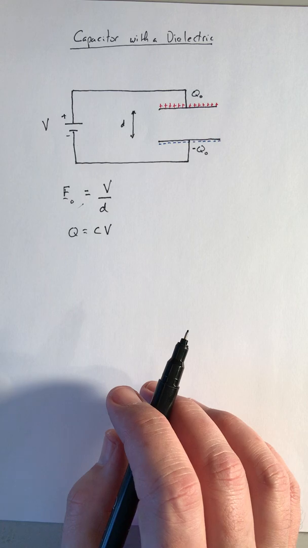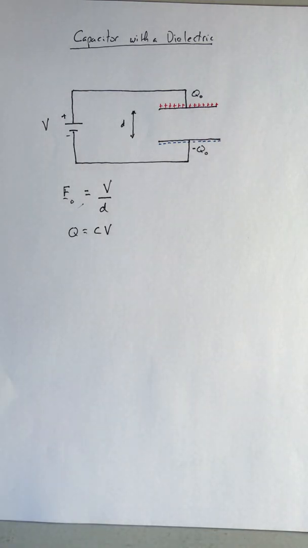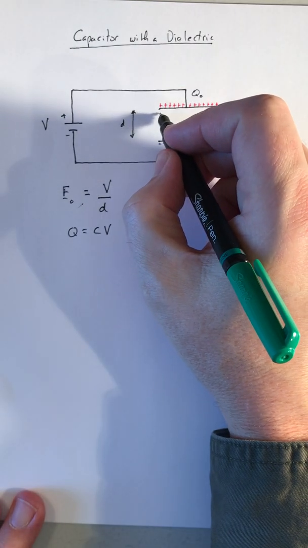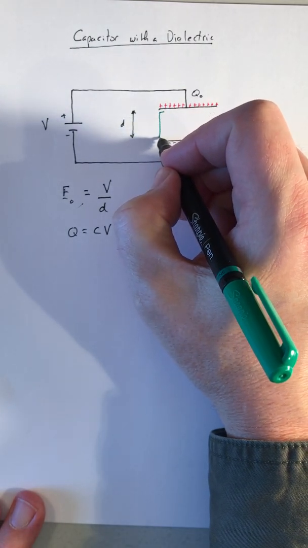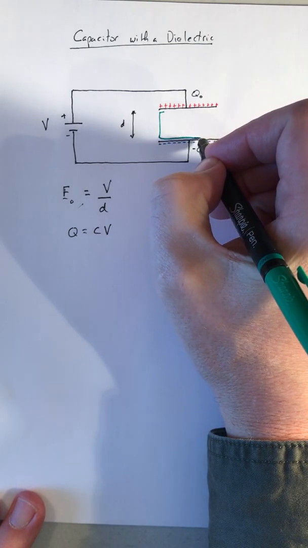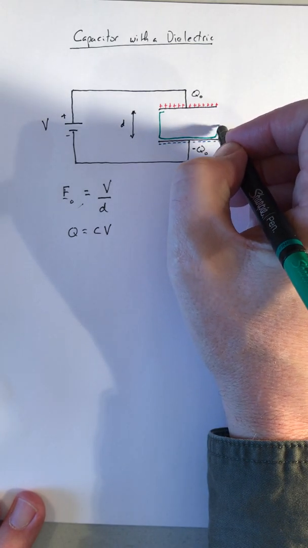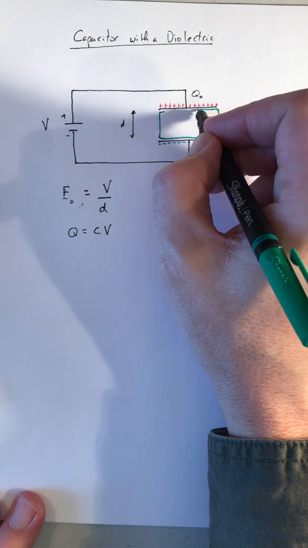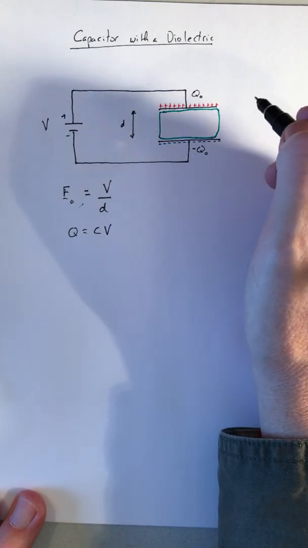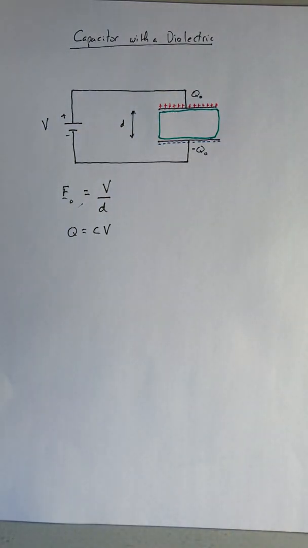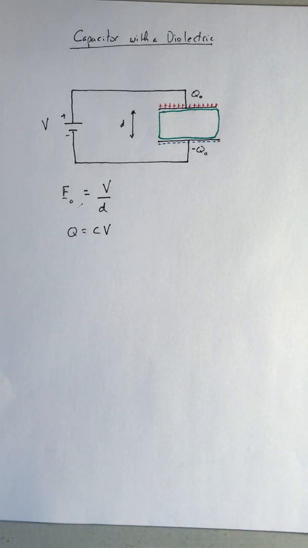All right. So one thing we can do is put a material in between the plates of the capacitor that can be polarized. We put a slab of a polarizable material, which is called a dielectric, in between, but not touching, so you don't have a conducting path.